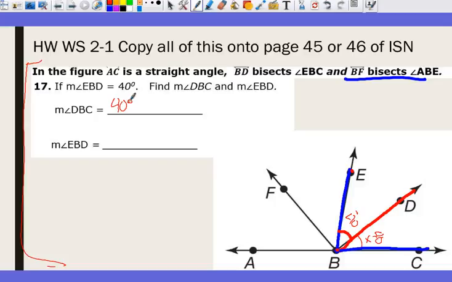All right, EBD. Hey, look, we already have that answer. All right, I'm going to add a new one in here. Measurement of EBC. How many degrees is that going to be?